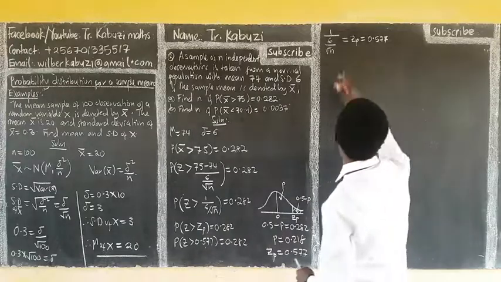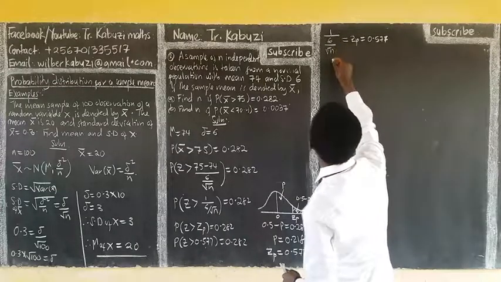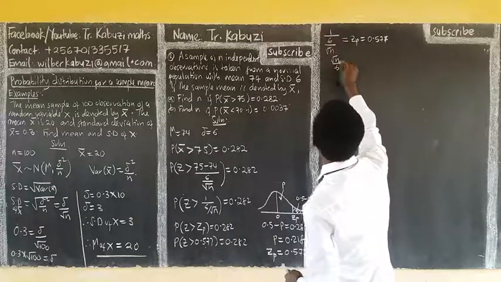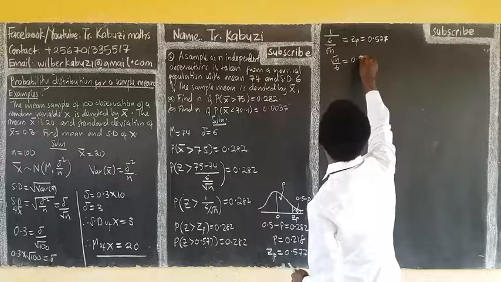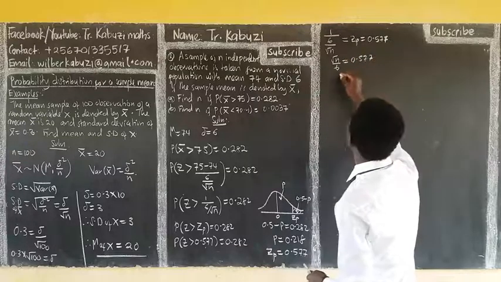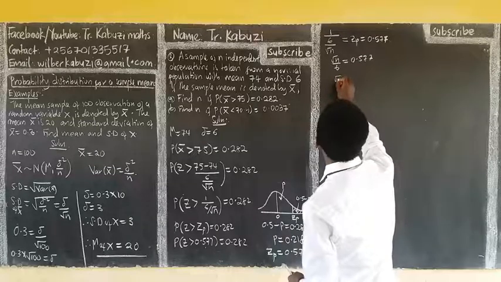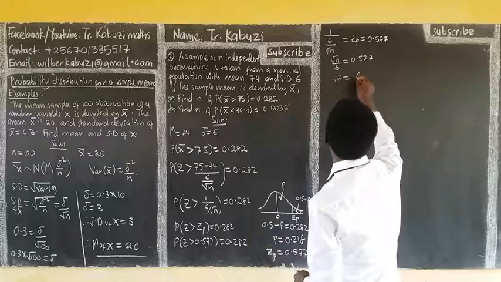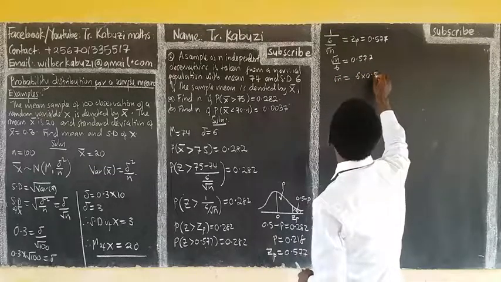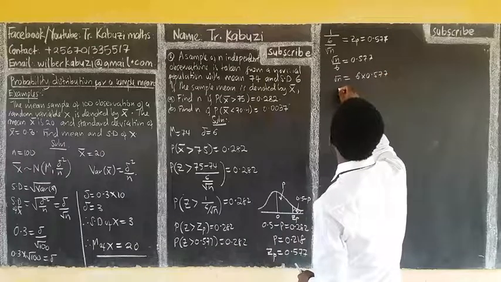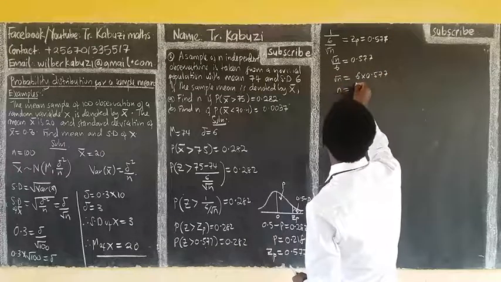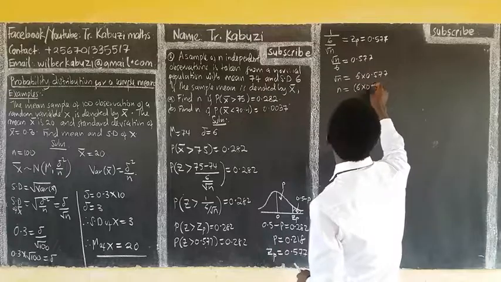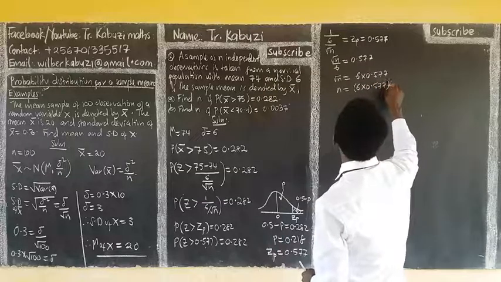So you can get the reciprocal to have root n over 6 equal to 0.577. Then root n will be 6 times 0.577. And so our n will be the square of this.